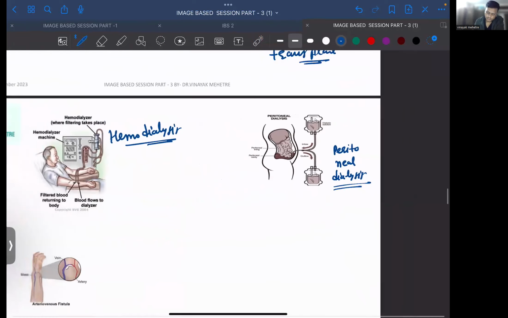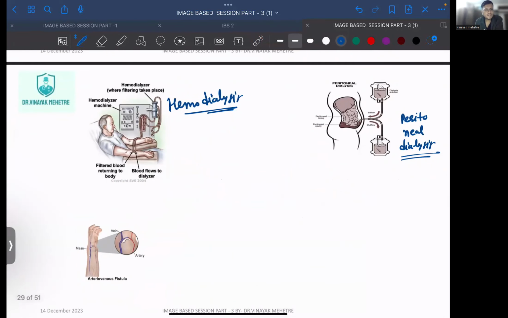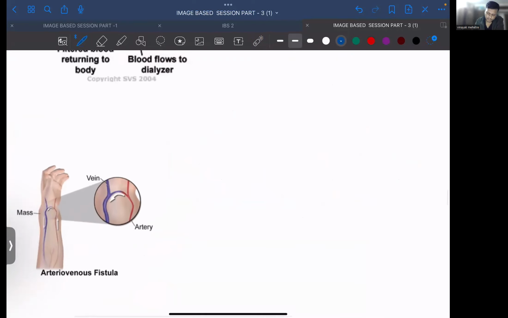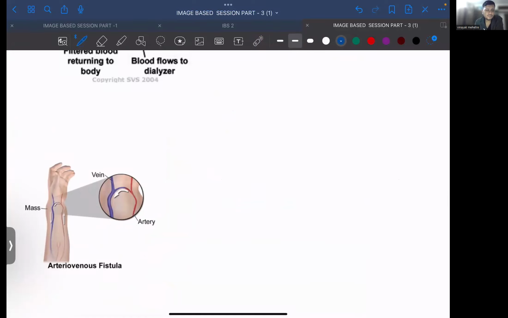We do have a dialysis catheter, which we insert in the veins. I have shown you this image in anesthesia class. To avoid putting in the catheter, we make an arteriovenous fistula.